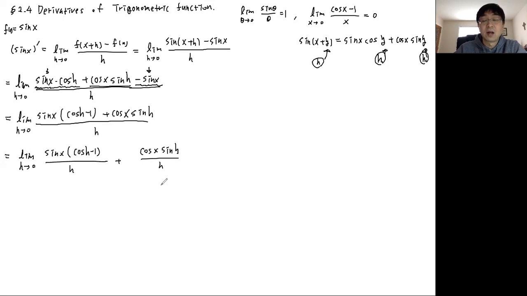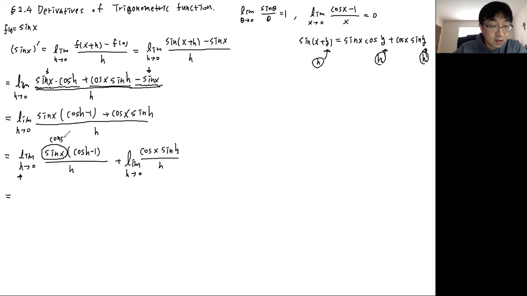You can split like this. Next, you can distribute the limit to the first and the second one. Sine of x doesn't have h, so it is a constant with respect to h.